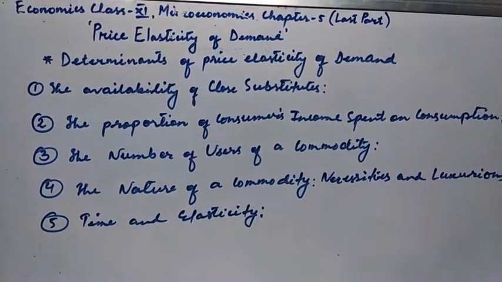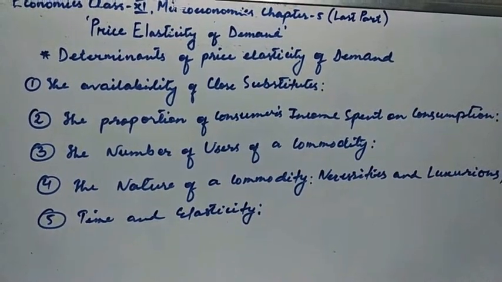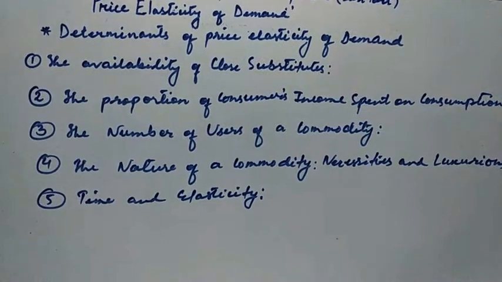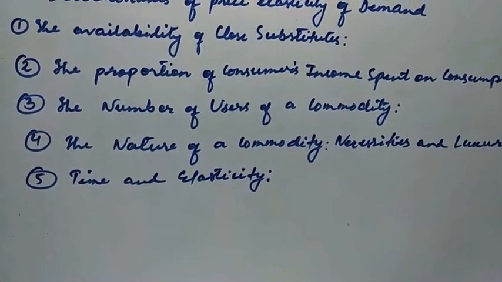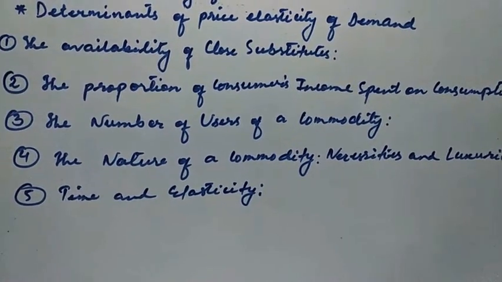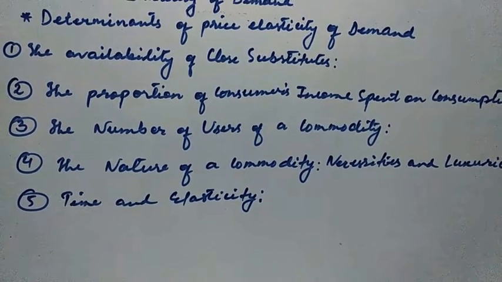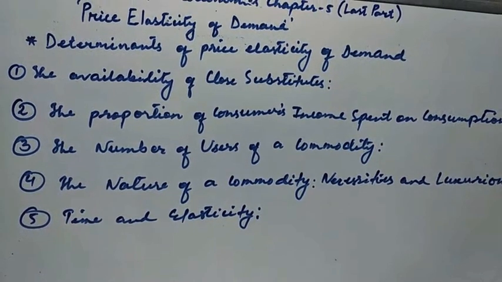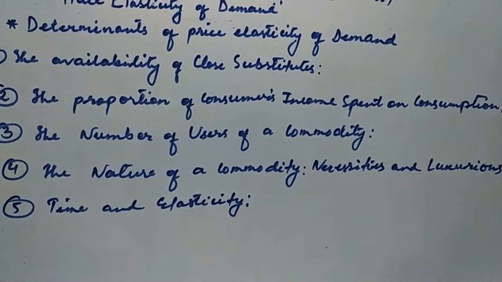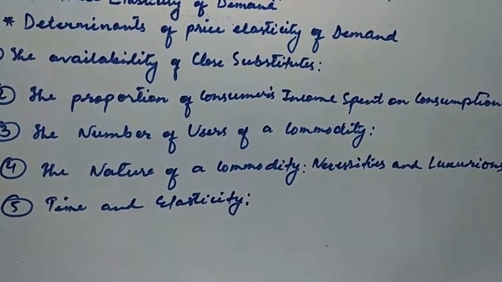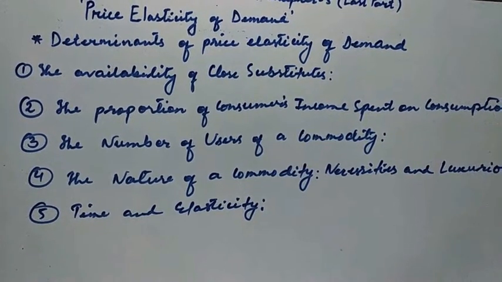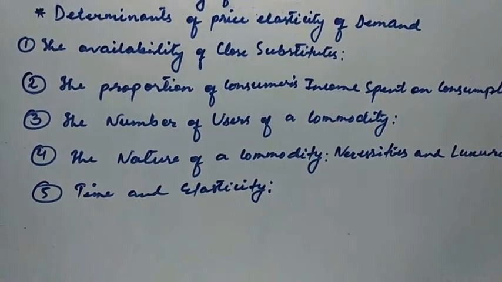The second factor that determines the price elasticity of demand is the proportion of consumers' income spent on consumption. This is another important determinant of elasticity of demand for a commodity. So how much it accounts for in the consumer's budget, that will also determine the price elasticity of demand.